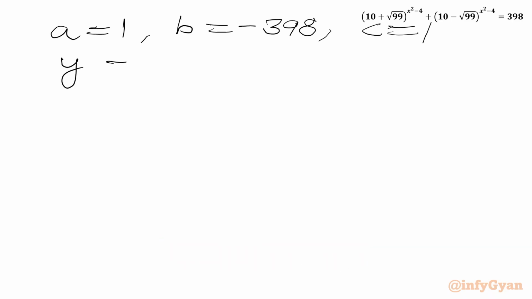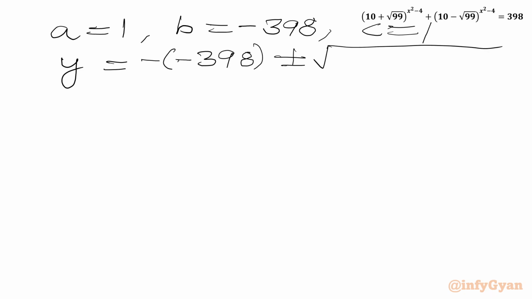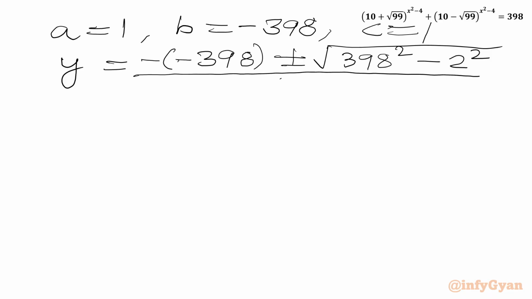So y will be equal to minus b, so minus of minus 398, plus minus square root of b square, which is 398 square, as we know minus 1 square is plus 1, minus 4 times 1 times 1, which is 4, and 4 is 2 square, over 2 times 1, which is 2.